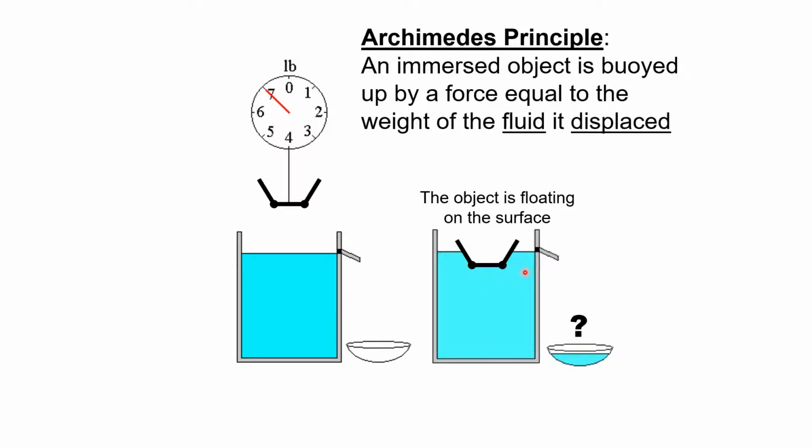When I lowered it down, a certain amount of water was pushed out of the way. And even though this is a similar figure to the last one, don't assume it was 3 pounds. So I want to ask the question, if the object is floating on the surface, then what is the weight of the displaced water? Meaning if I were to weigh this right here, how much would it weigh? I'll give you a little time to think about that.